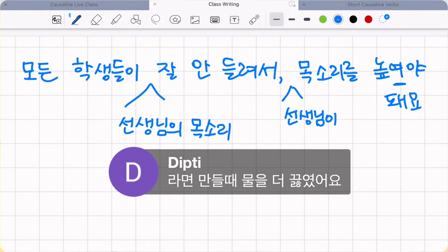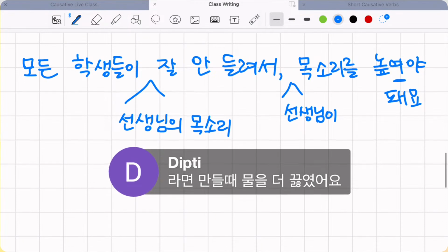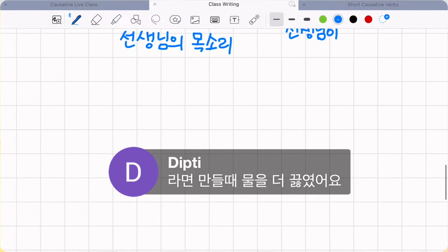그 다음에 라면 만들 때 물을 더 끓였어요. 여기서 사실 라면하고는요. When we say to make ramen in Korean, we always say 라면을 we don't say 라면을 만들다. We say 라면을 끓이다. 항상 끓이다라고 써요. Unless it's a cup noodle.